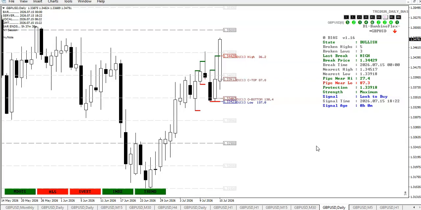As an indicator. And once again, this is horizontal lines. You're using the previous 5 highs and the previous 5 lows.